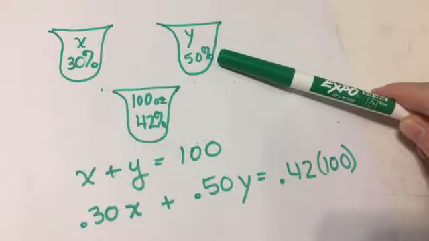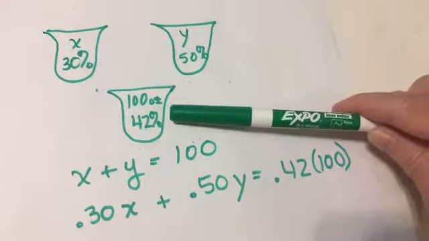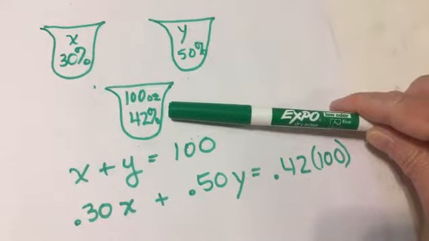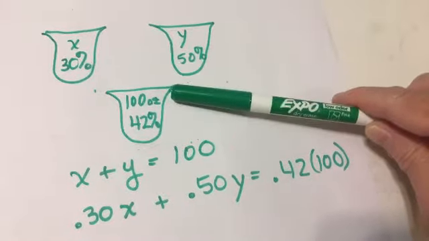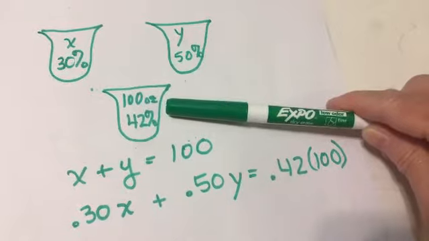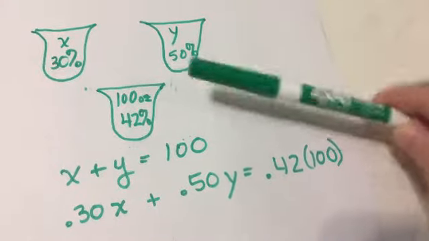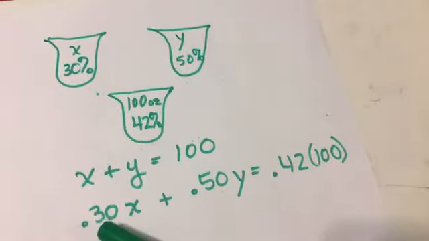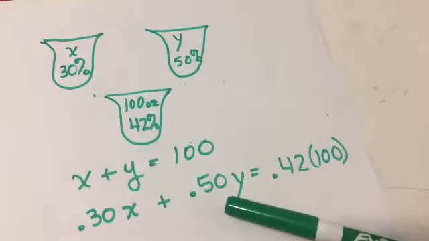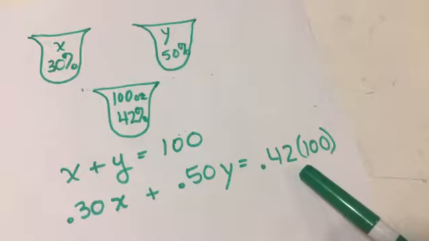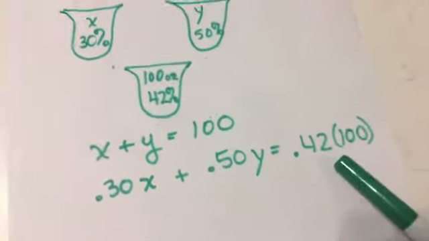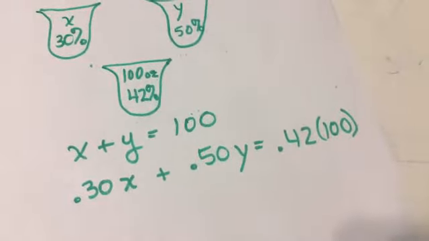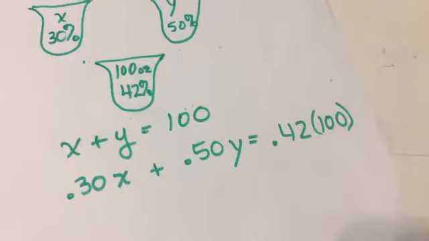And they have to combine to give me 42% times 100, the amount of acid in our final solution. So this is your concentration, or how much acid you have going into the situation and how much acid you want coming out. Now these are very nice to set up with substitution.